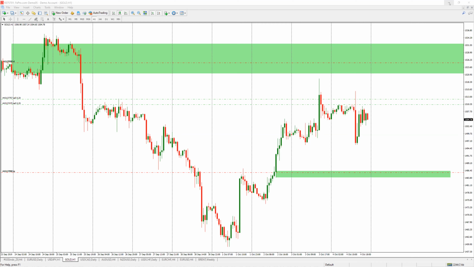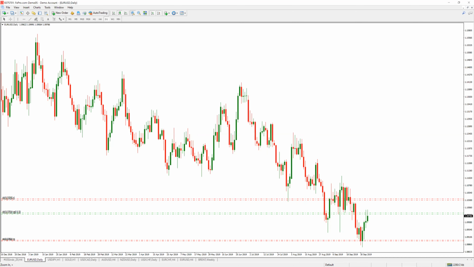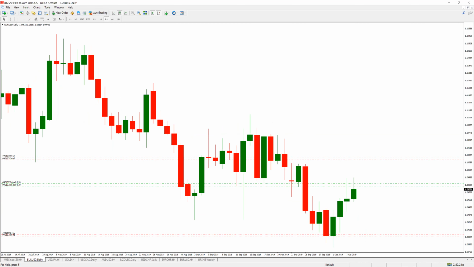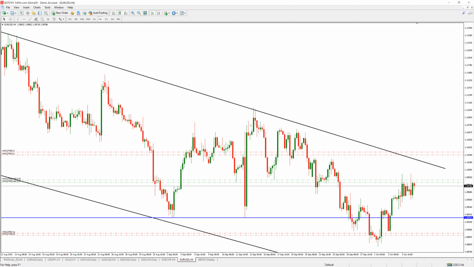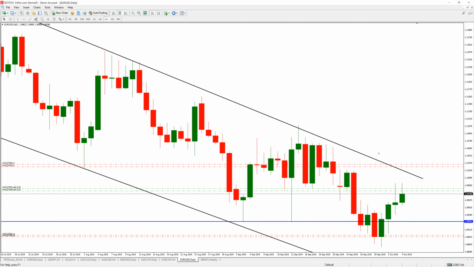Now, if we look on Euro USD, I'm going to zoom in. It's unfortunate that I changed this chart. Okay, no, here it is, right? So we are on daily. I'm gonna zoom in. So we got Friday, Thursday, Wednesday, Monday, Sunday, right?